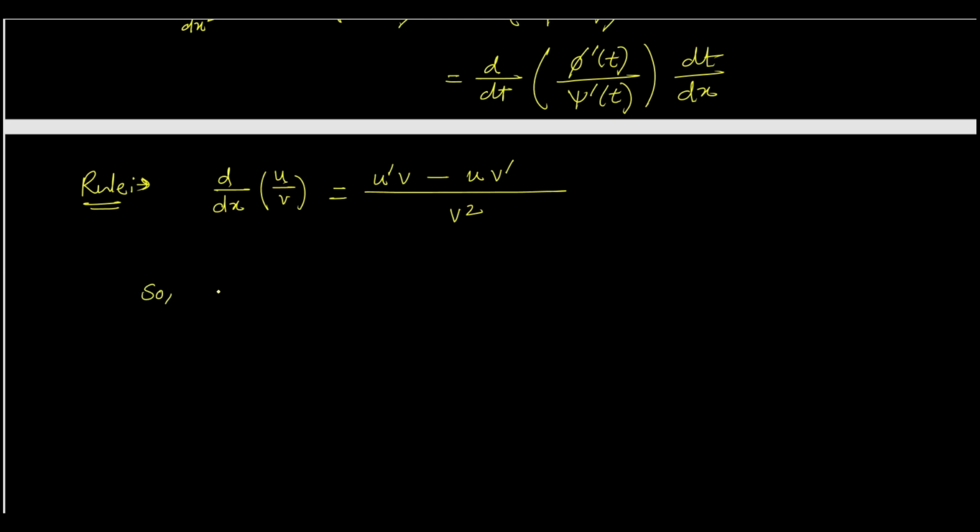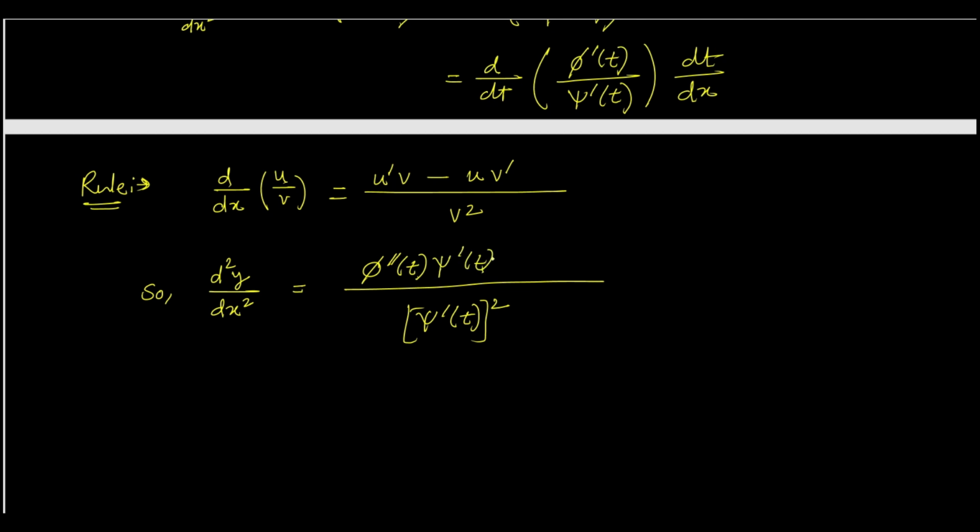So d2y dx square will become psi dash of t whole square on the denominator. Now u dash is phi double dash of t, and v is psi dash of t, minus psi double dash of t with phi dash of t multiplied with 1 by phi dash of t.